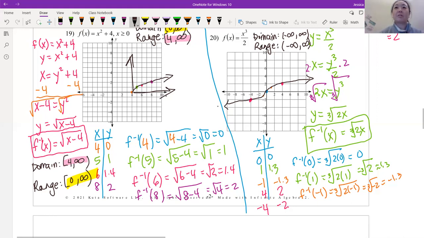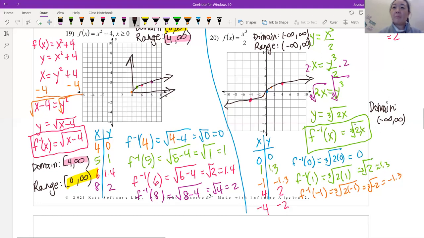There are all real numbers. Same thing with the inverse here. You notice that the arrows are going this way, which means x can be all real numbers. So you can literally say all real numbers, that works, or you could just say from negative infinity to positive infinity.